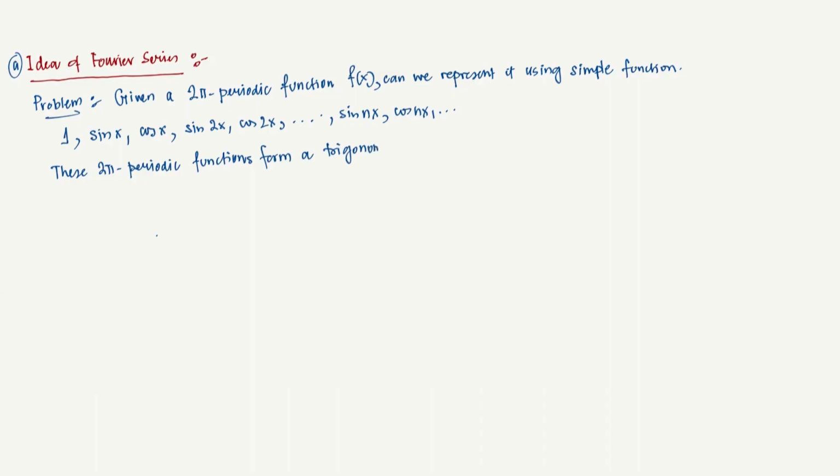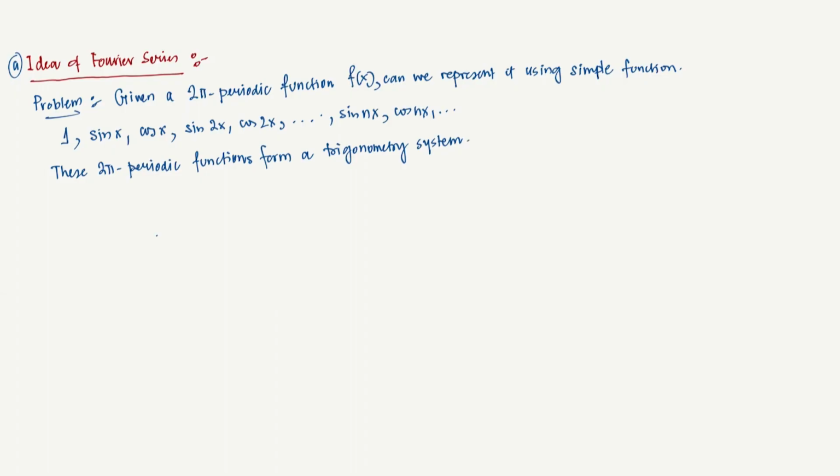Nothing special, it's just a name. We will just talk about this system. All of this bunch of functions put together is called a trigonometric system. And essentially what we want to do is, given a 2 pi periodic function, we want to represent that function using elements from this trigonometric system.